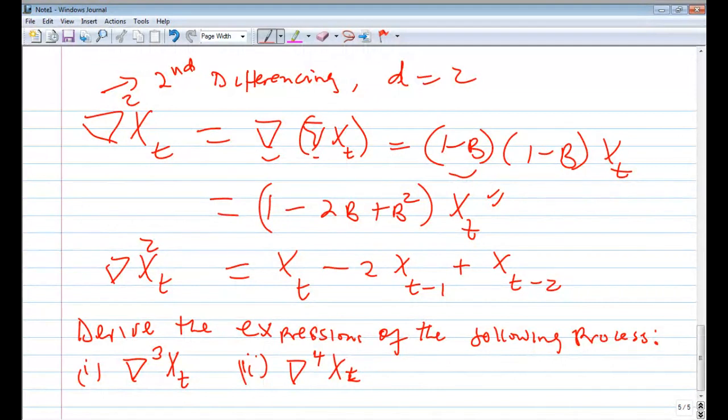If you go for the third time, you have to think about over differencing. But here, because it's just a matter of practicing, I just want you to find out the expression of the third difference of xt and the fourth difference of xt. You're going to do this on your own time.